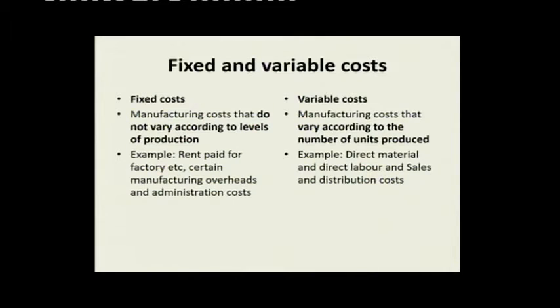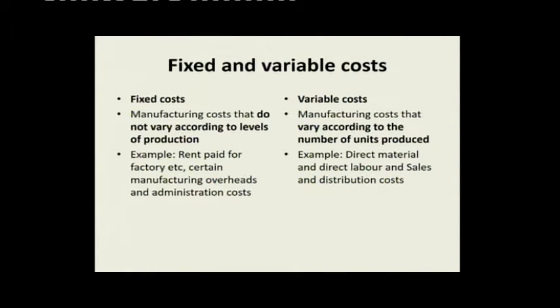And this is usually rent, certain manufacturing overheads like depreciation will stay the same, and then administration costs. The cost of running your admin block, your secretary, your admin costs, those are all fixed costs that do not change. And so the company has to cover those costs via production. So the more they produce, the more they can cover their fixed costs.